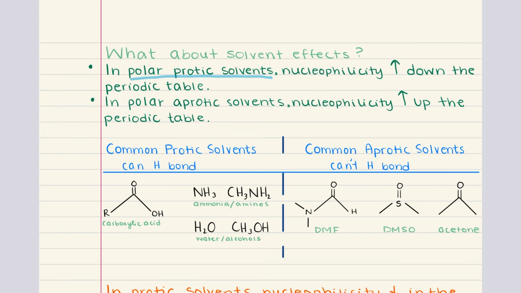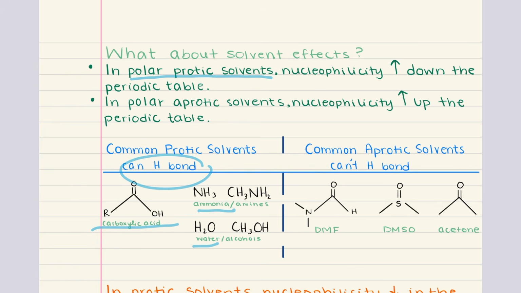Polar protic solvents like water, methanol, ammonia, and carboxylic acid have the ability to form hydrogen bonds. These solvents can interact with negatively charged nucleophiles and surround them with a shell of hydrogen-bonded solvent molecules.